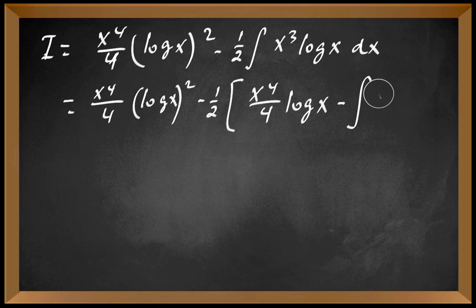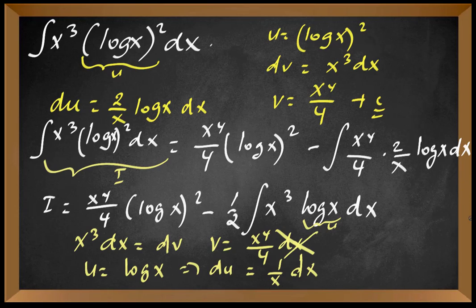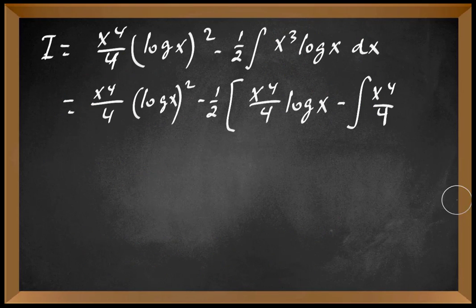So x to the power of 4 over 4 times 1 over x dx. Let's close the parentheses here, the brackets. There you go. So we have this, and all we have to do is finalize the second part.